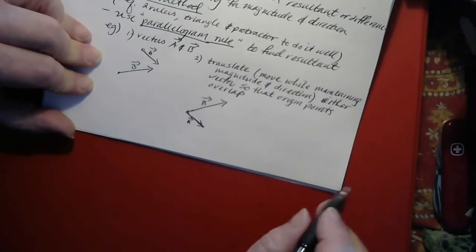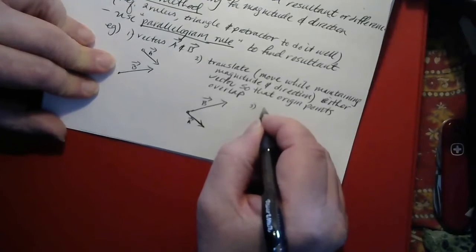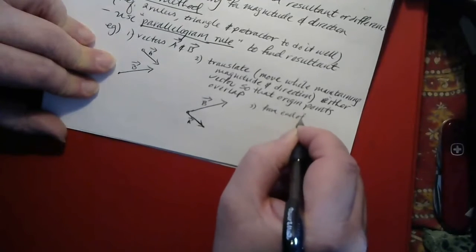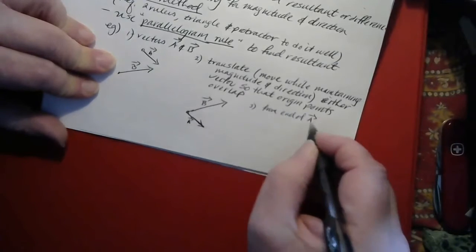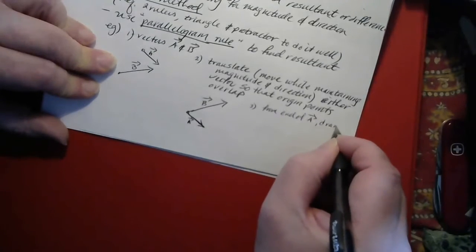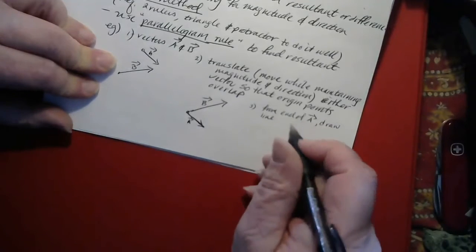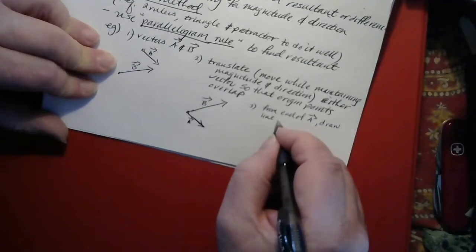And you have something like this, and then step 3, from the end or the point of vector A, you want to draw a line parallel to vector B of the same magnitude as B.